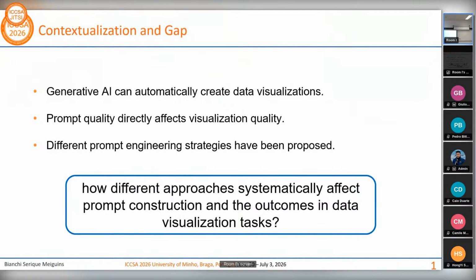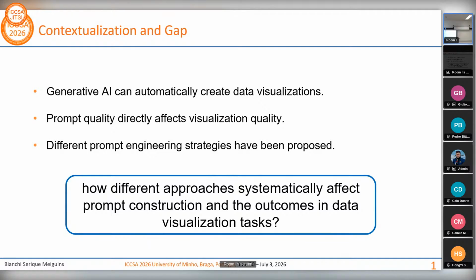However, the quality of these scenarios depends strongly on the quality of the prompt. If the prompt is unclear, incomplete, or ambiguous, the model may generate a visualization that is not expected by the user.